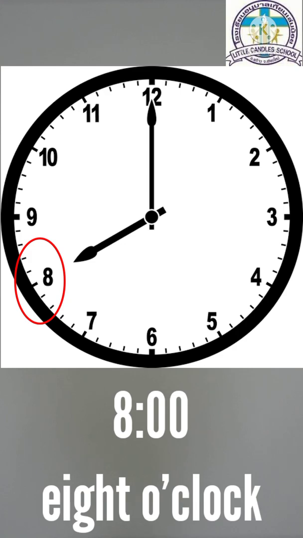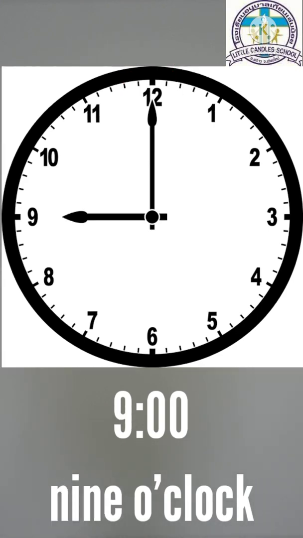The short hand is pointing to number 8 and the long hand is pointing to number 12. 8 o'clock. 9 o'clock. The short hand is pointing to number 9 and the long hand is pointing to number 12.